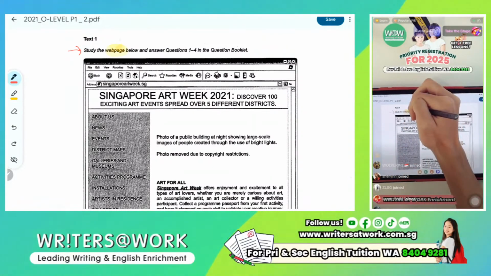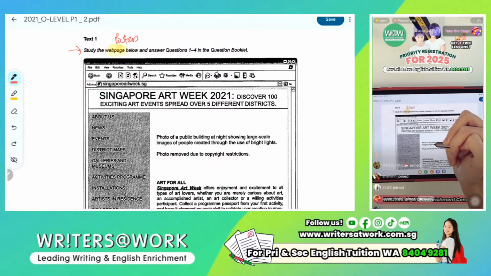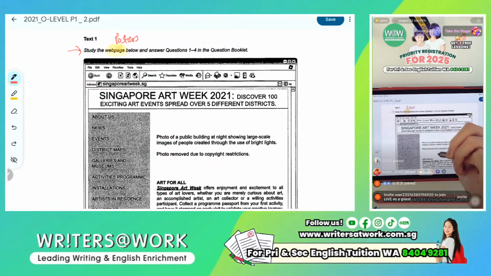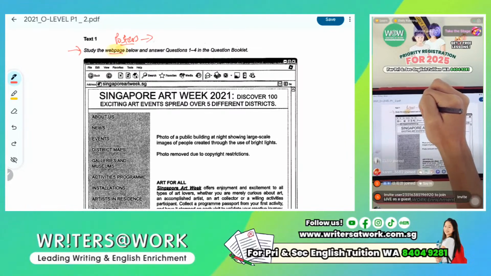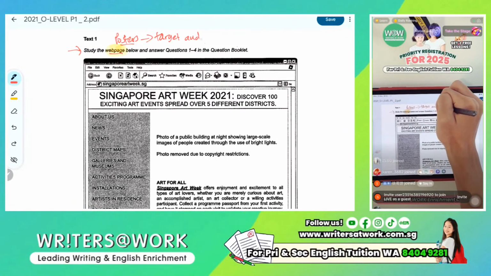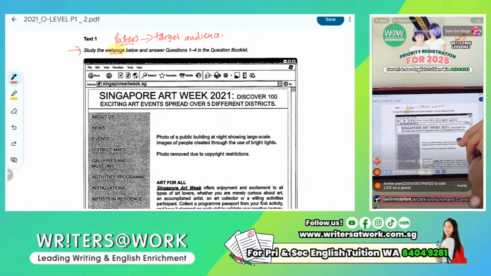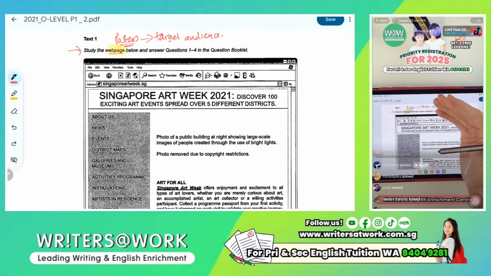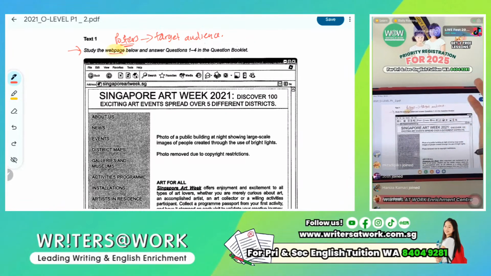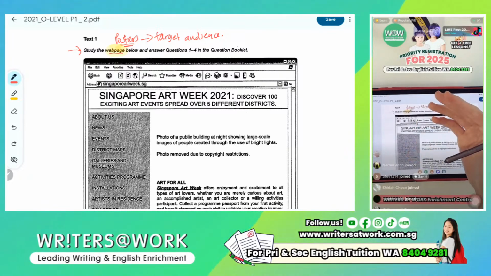You may have other things like your posters, etc. But the important thing is what this medium is, because this will affect your target audience. If you have a poster that is placed at the lift lobby of your HDB flat, the target audience would be wider because people of all ages view the poster, as compared to an Instagram post where probably the audience would be the younger crowd, right?